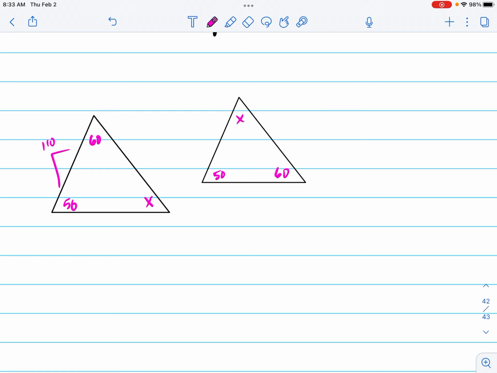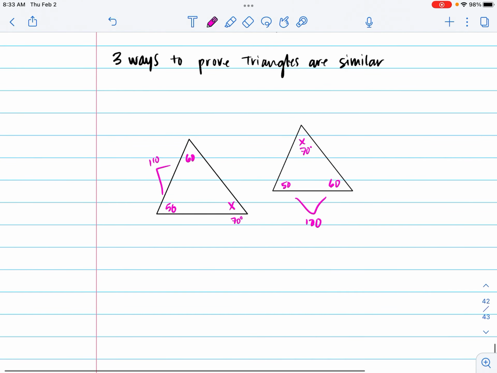These add up to 110, meaning the last angle has to be 70 degrees in order for us to complete a proper triangle. If you have 2 congruent angles in a triangle, then the third one is also congruent. And we only need 2 angles to prove similarity. So remember, this means similar, in case you forgot. And we're going to say this is the angle postulate.